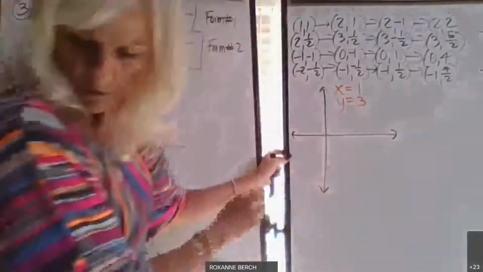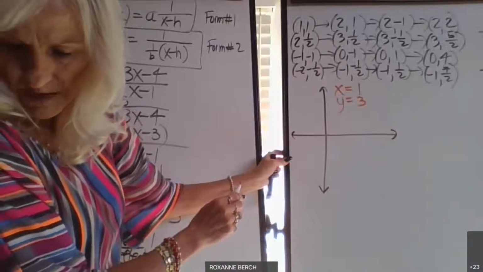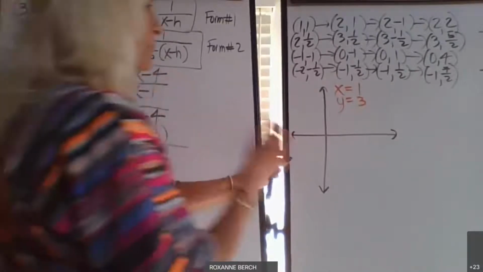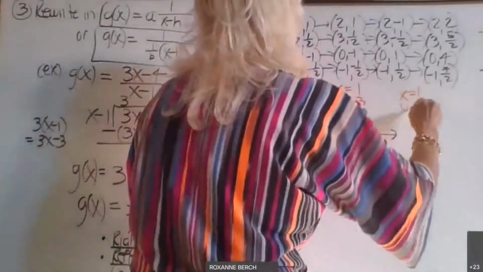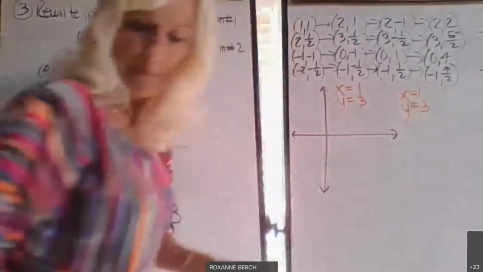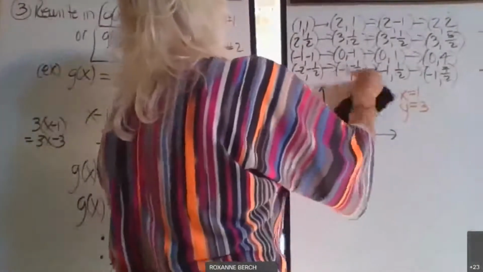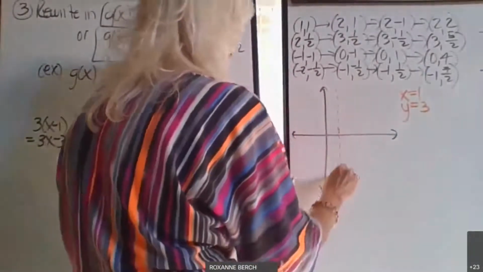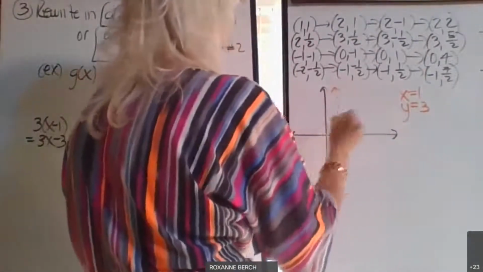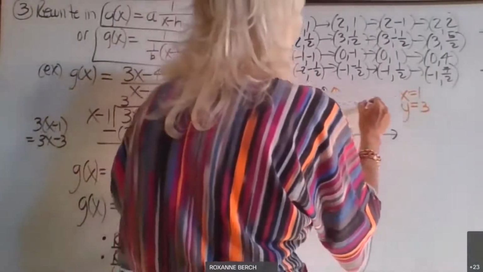I want to write them down here. X equals 1, Y equals 3. Okay. So we have a vertical asymptote at X equals 1, and we have a horizontal asymptote at Y equals 3.